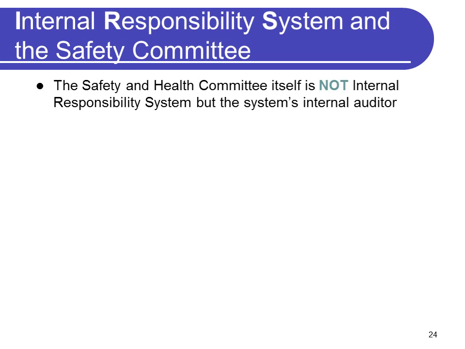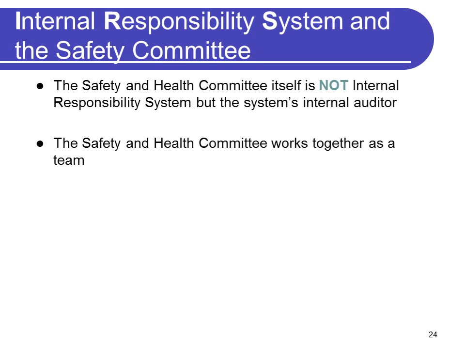Everybody knows about hazards. We know how to participate, and we know when to refuse and how to refuse. There is a procedure on how to refuse. The Safety and Health Committee works together as a team.